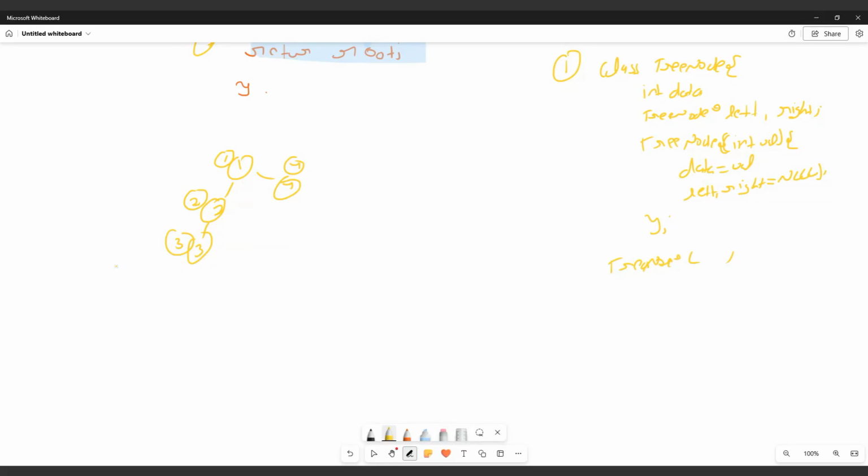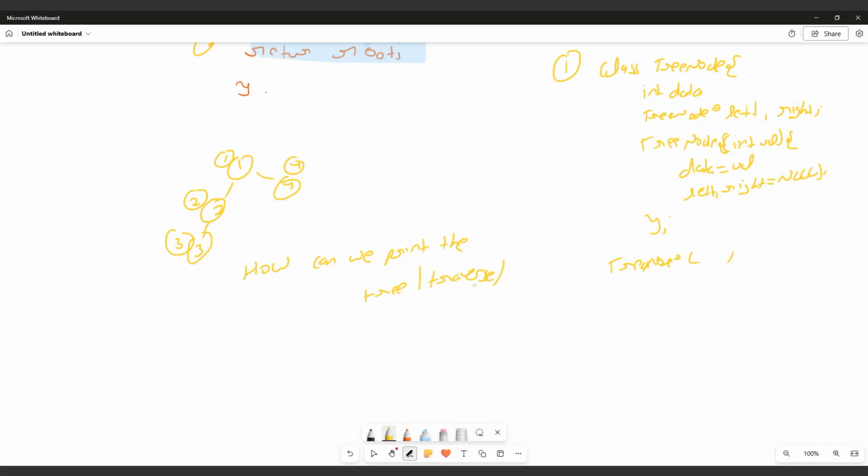So how can we print the tree in the same fashion in which we have taken the input? How can we traverse the tree? More specifically, how can we print the tree? Guys, we have created a tree.